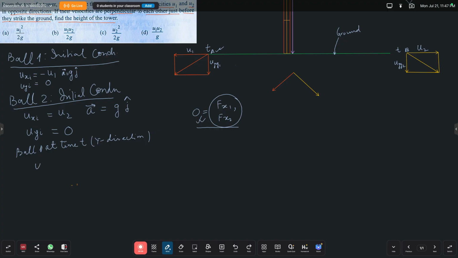What will be your uy g1 for ball 1 at this location at point A? It will be the initial velocity in the y direction, that was 0, plus acceleration in the y direction, that was g, times the time t in which it is arriving there. So this will be gt for uy g1.